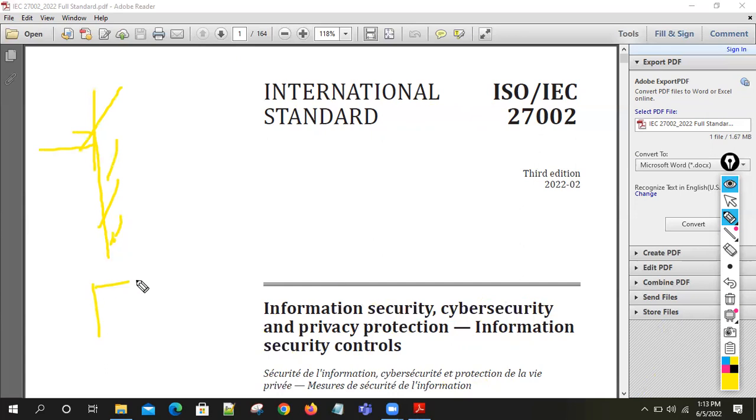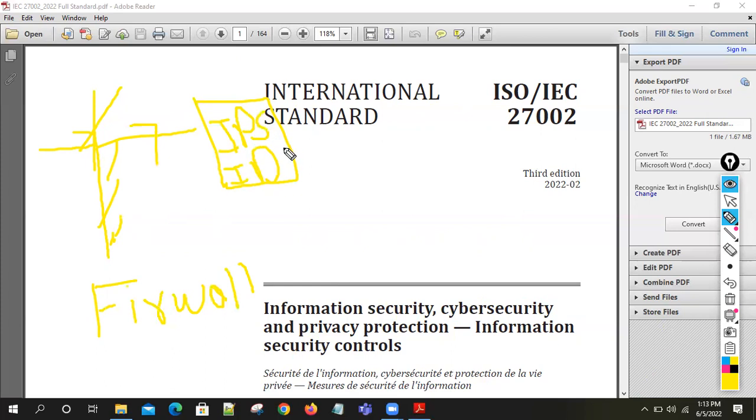We need to install a firewall. After that, IPS or IDS systems would be installed. IPS is intrusion prevention system and IDS is intrusion detection system.